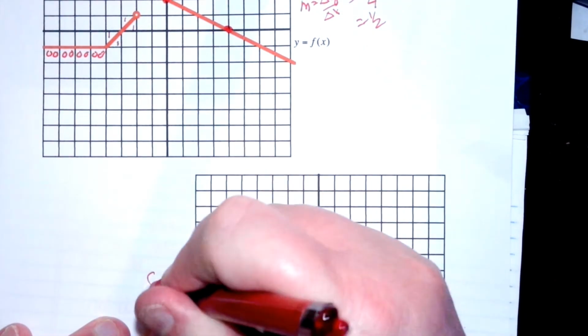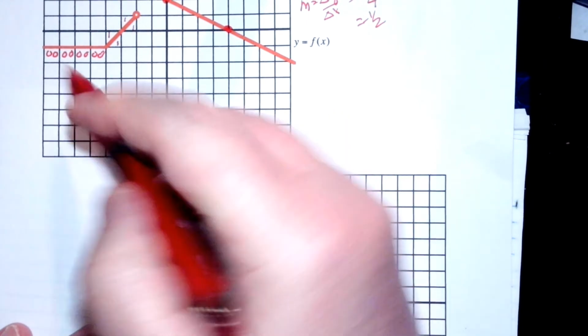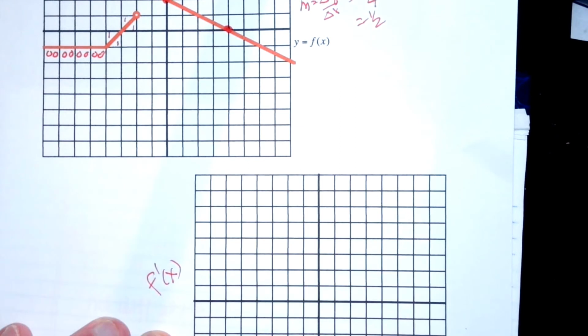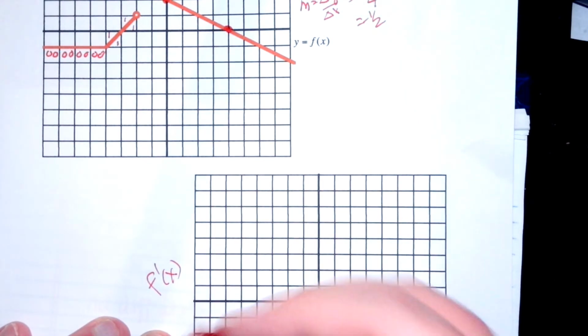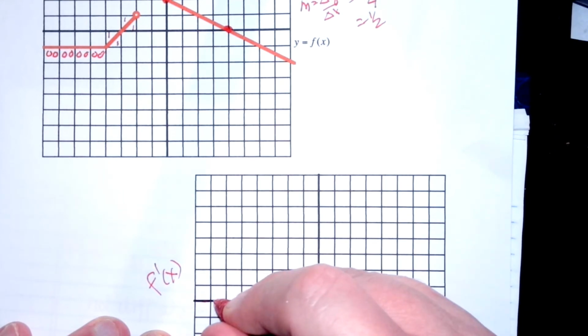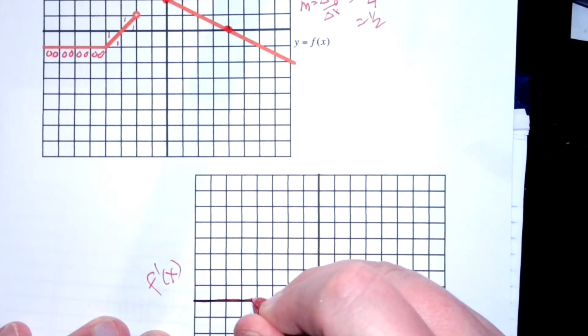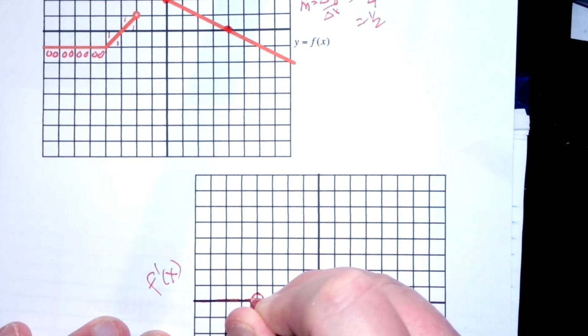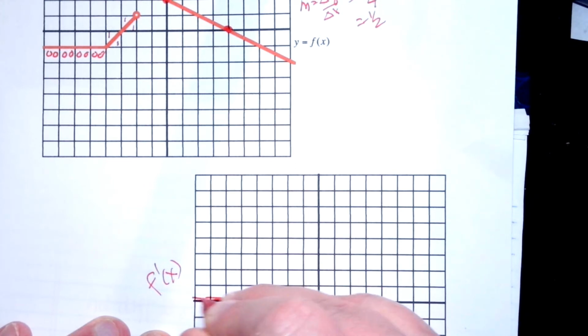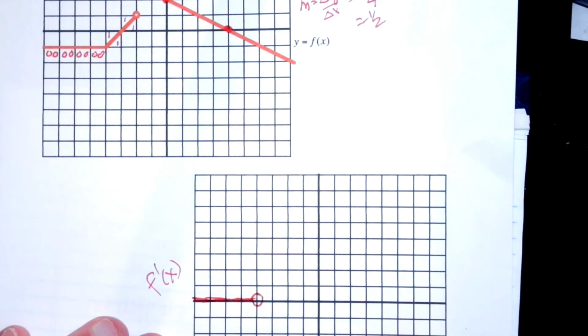This is the graph of f prime of x. So for all of these x-coordinates between -8 and -4, the y value will be 0. But when we get to -4, remember the derivative is not defined there, so we're going to put a big open circle there. All right, I'm going to try to make that visible.